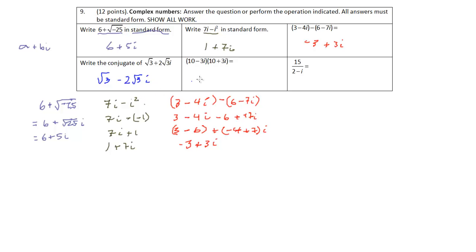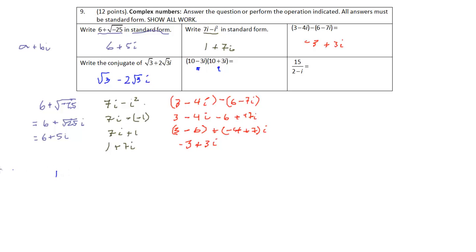That's the conjugate. Now, multiplication. This is where there's a little bit more to do. This multiplication, notice, is a multiplication of conjugates. 10 minus 3i times 10 plus 3i. Let's just see what that comes out to be.